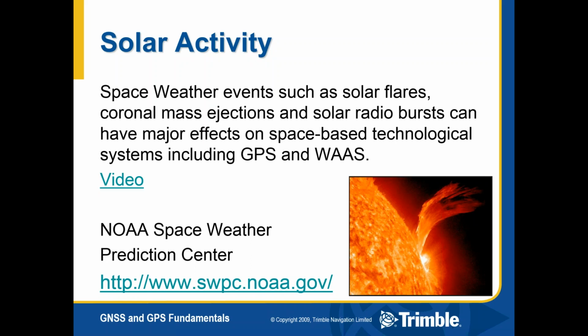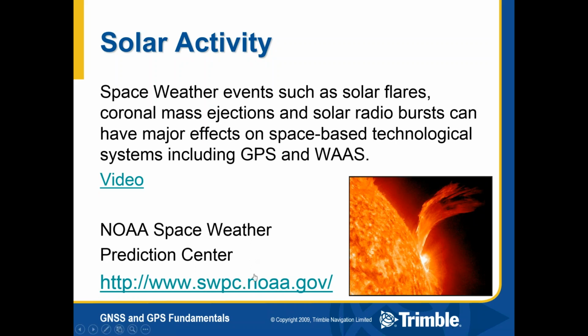But probably in about 3 to 5 years, we'll start to see an uptick, and then we'll hit the peak again. There might be some days where you just can't work. It doesn't happen as much on the lower accuracy devices, but a survey grade device just won't get down to that centimeter level range, and basically you just don't work.